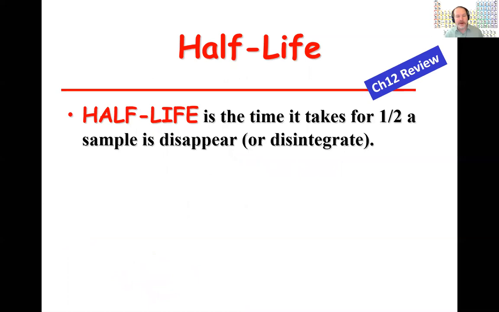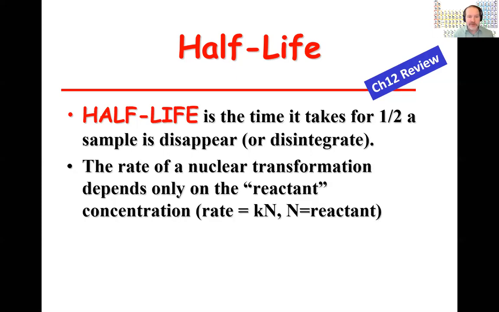All right, the other part is this T1/2. What is this? It's the half-life. This is a measure of how long, the time it takes, to get to half the original amount. We did this in chapter 12 of our work, so this is good review.